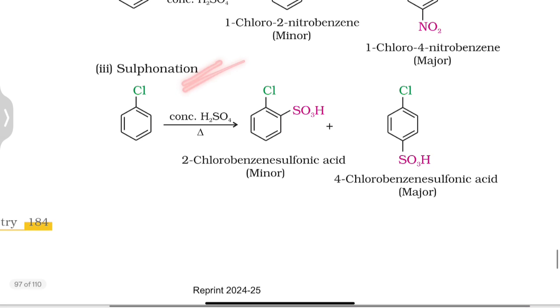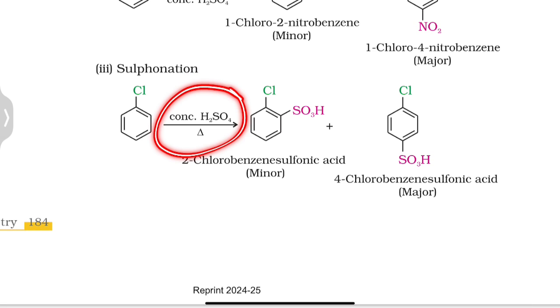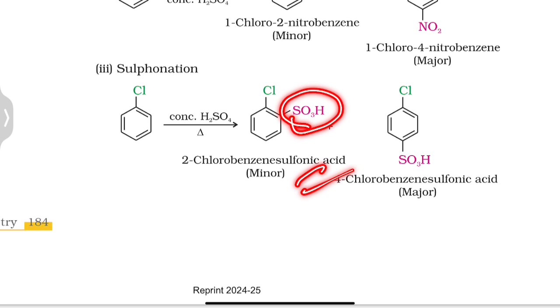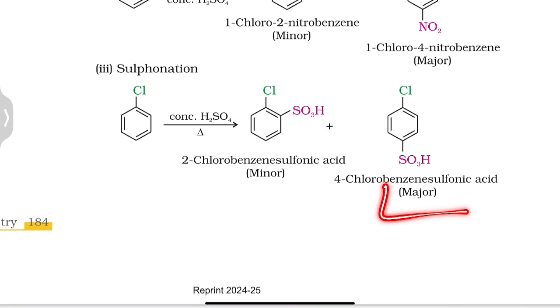Then sulfonation. Sulfonation is treating with concentrated sulfuric acid. The electrophile formed here is SO3H plus. At the ortho position you get one product and you get the para product as well. The major one will always be the para product.